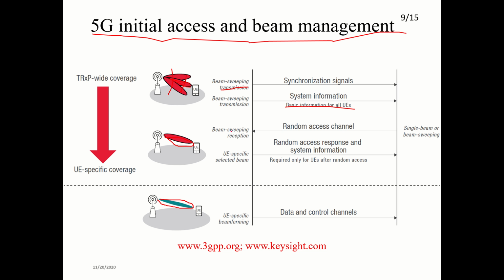Then, through the random access channel, the node B listens to the UE and gets information, calculated based on the channel state information reference signal and the SSB, the synchronization signal block. SSBs, channel state information, channel state quality, and RSRP and RSRQ values are all involved in this process.